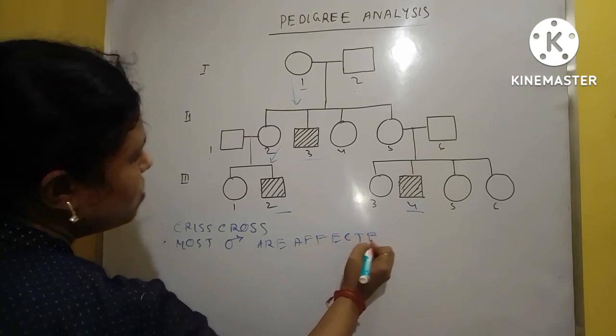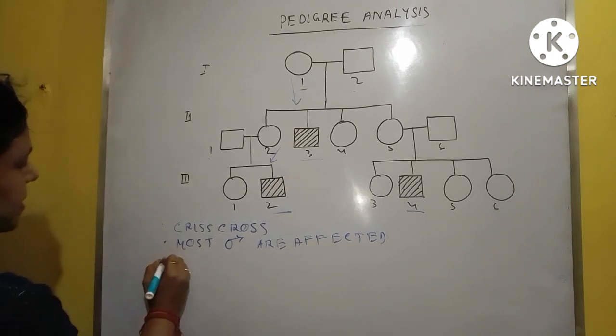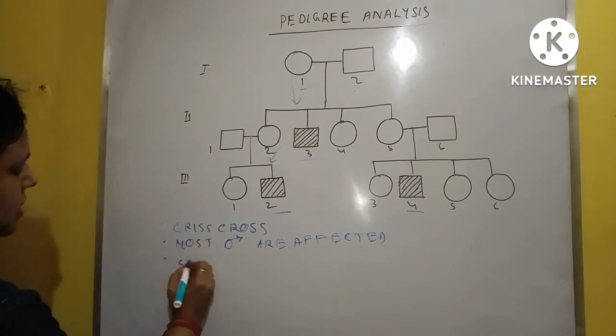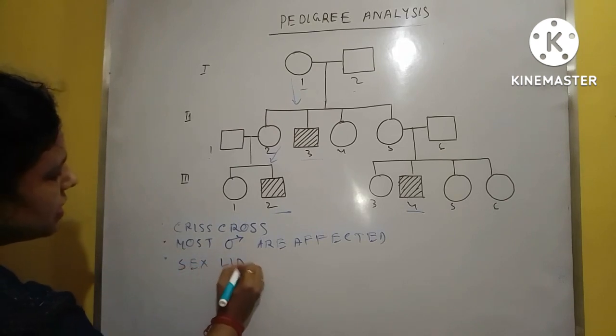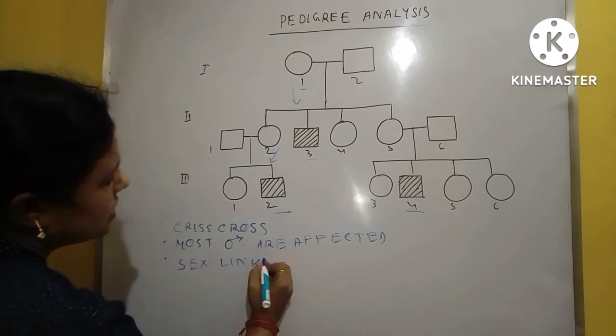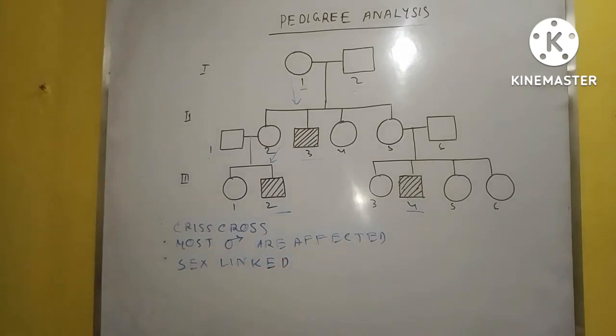So you can say it is a sex-linked pedigree, not autosomal, sex-linked or X-linked. Now, is it recessive or dominant? Crisscross and most males affected, that's why it is sex-linked.